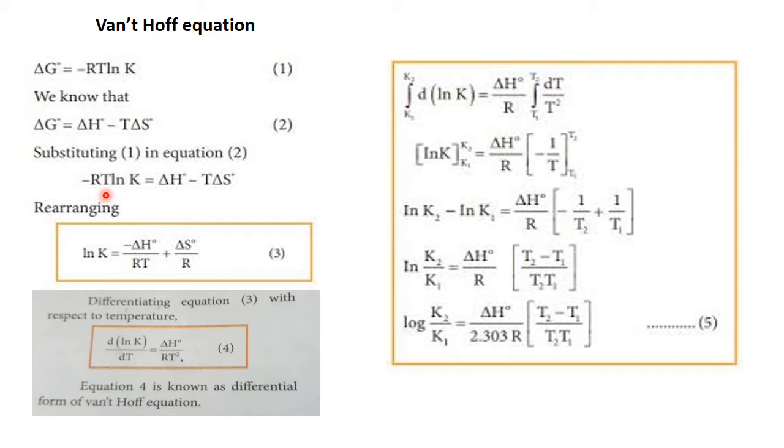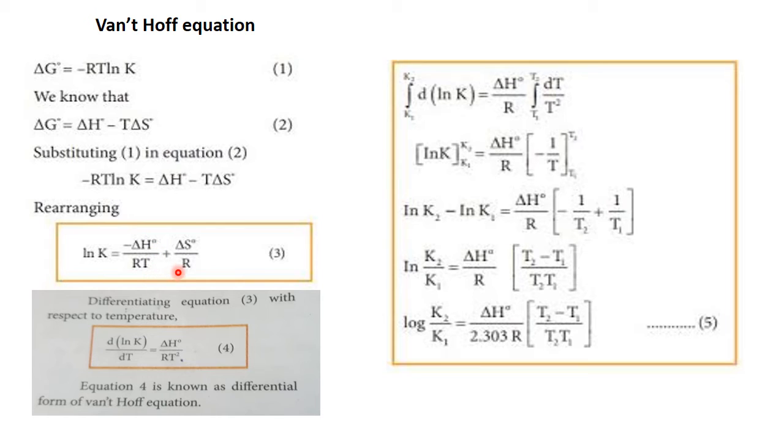Rearranging this, we take ln K on the left-hand side and RT to the other side: ln K is equal to minus delta H0 divided by RT plus T into delta S0 by RT. So T cancels, giving delta S0 divided by R. The 0 represents that entropy is in standard condition, and delta H0 also represents enthalpy in standard condition.